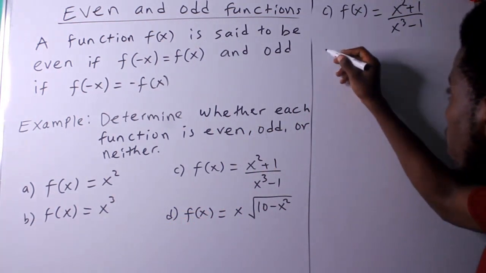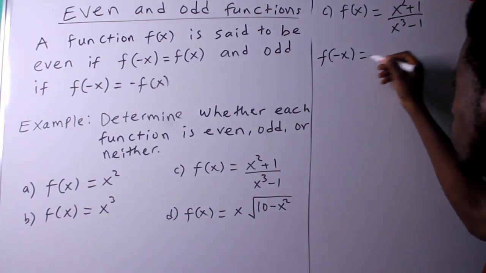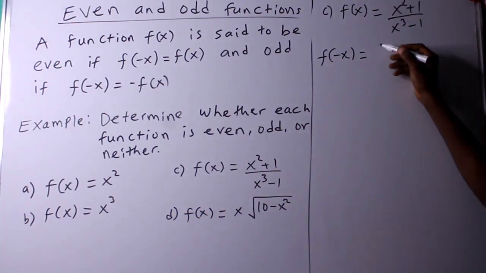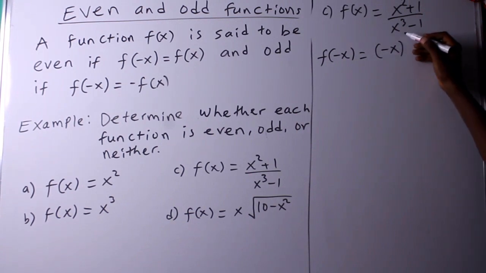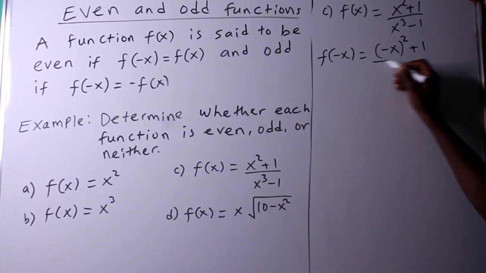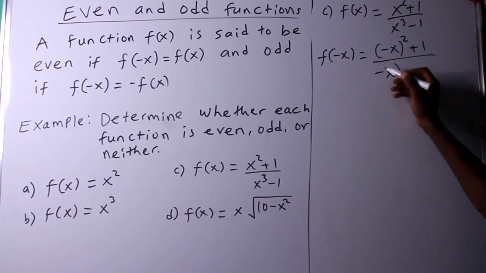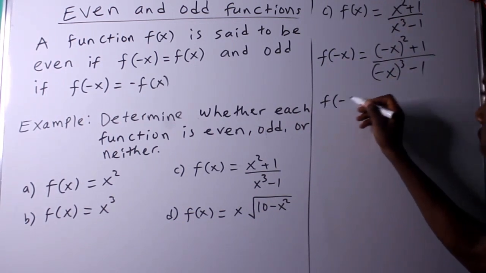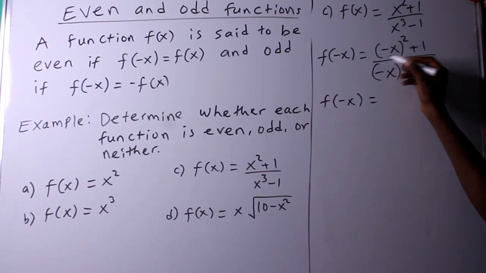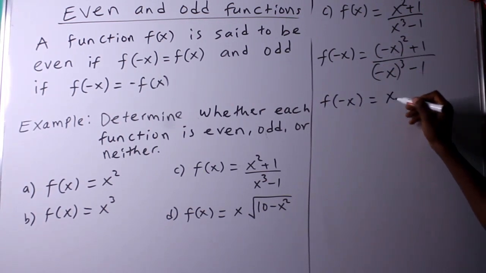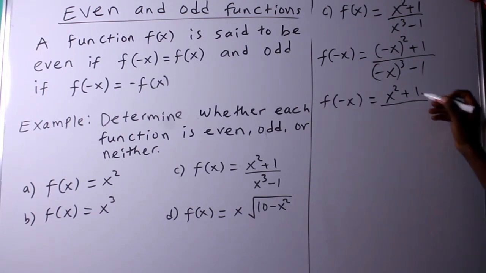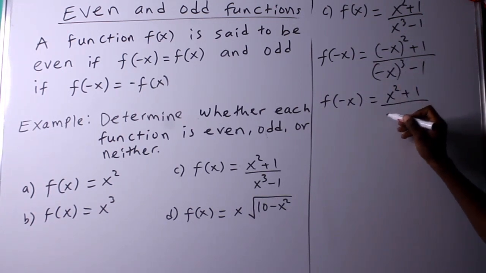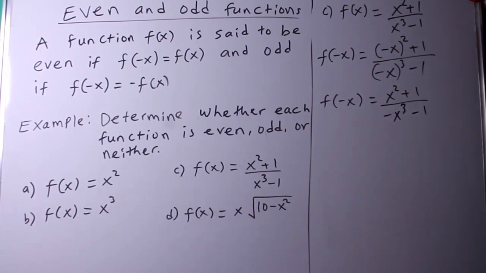So f of negative x will be, replace x with negative x, negative x all squared plus 1 all divided by negative x all cubed minus 1. So f of negative x is equal to negative x all squared, that's x squared, plus 1 all over negative x all cubed, that's negative x cubed minus 1.